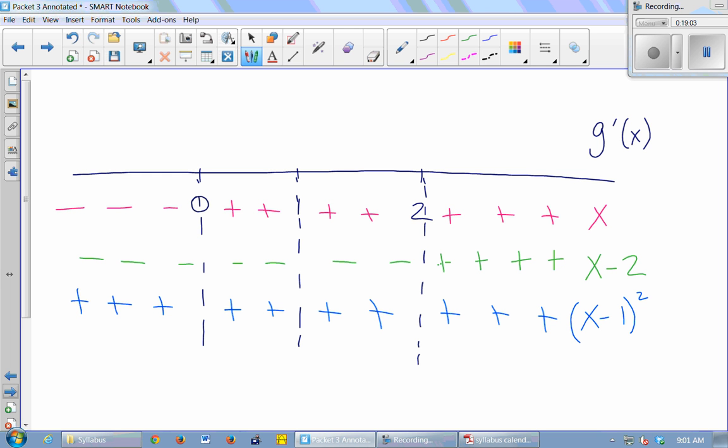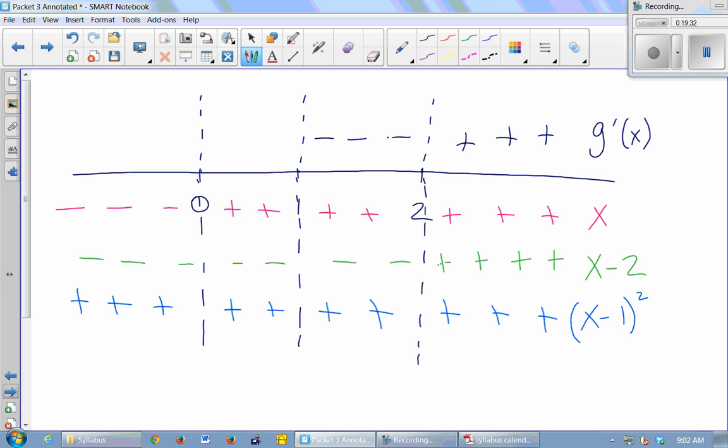So G prime, when we're bigger than 2, is a positive times a positive divided by a positive, which would make G prime positive. Extend my fences up here. Okay, between 1 and 2, G prime is a positive times a negative divided by a positive. That will come out as a negative.